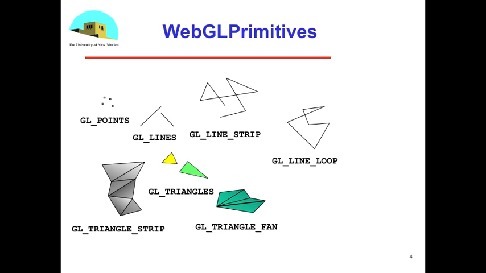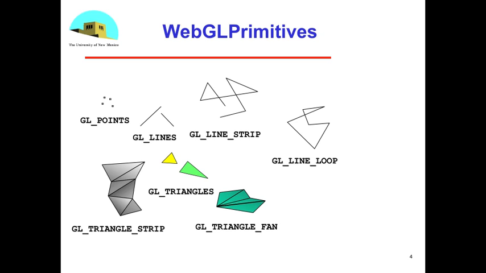You can render them as points, so each vertex becomes one or more pixels. We can render it as lines, where each pair of vertices is interpreted as one line segment. So the first and the second form the first line segment, the third and the fourth the second, and so on.